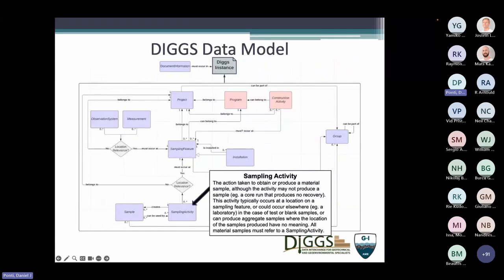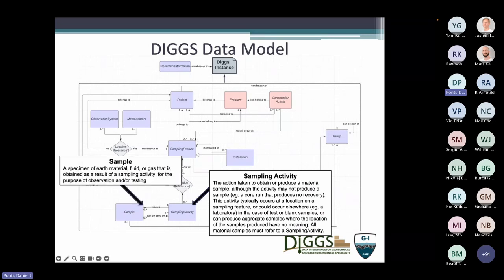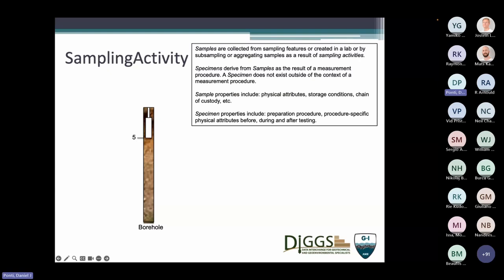Finally, we talk about sampling activities. I'm going to go real quick because I'm running behind. But we separate the activities of samples from samples themselves. I'm going to skip through this, but basically we can define a sample activity that gets samples.